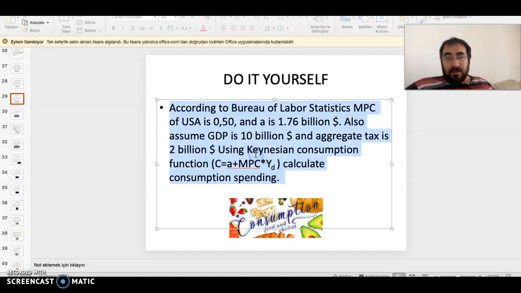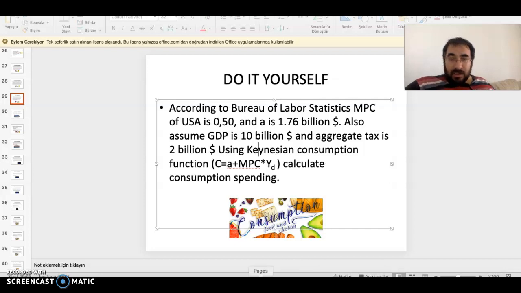This might be for 2016 maybe. The MPC is 0.5. Well, A is 1.76 and GDP is 10. And aggregate tax is 2 billion.